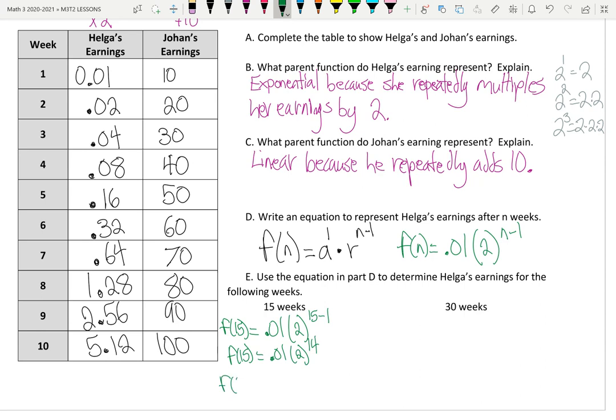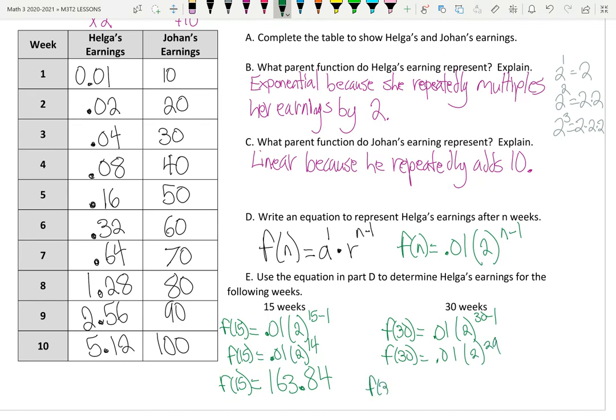This is going to lead me to say f of 15 is equal to $163.84. In 30 weeks, let's see. It's going to be a penny times 2 repeatedly. For 30 weeks, it's doubling over and over. So it's going to be 30 minus 1. This is going to reveal the statement 0.01 times 2 to the 29th power. And then this is going to produce the outcome.